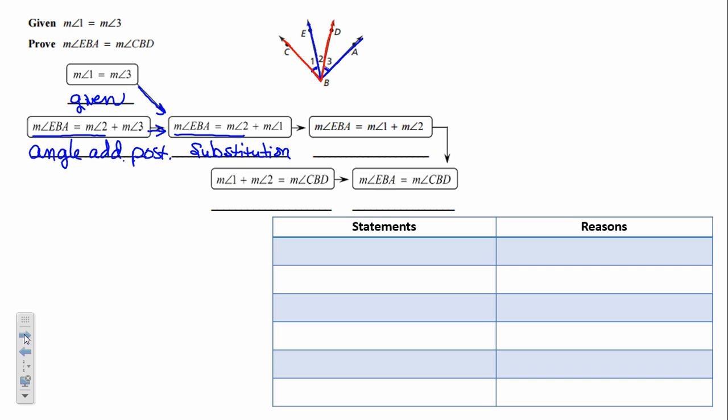Now they say, by using their arrow, that this thing is following from here. EAB is the first part. It's equal to 2 plus 1 here, but 1 plus 2 there. What says that we can do that?